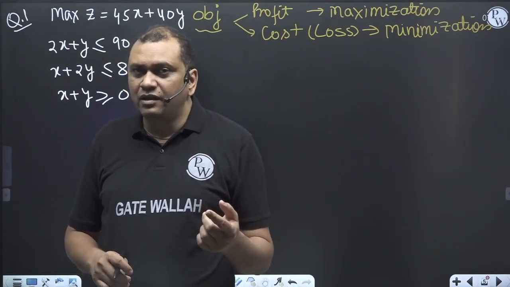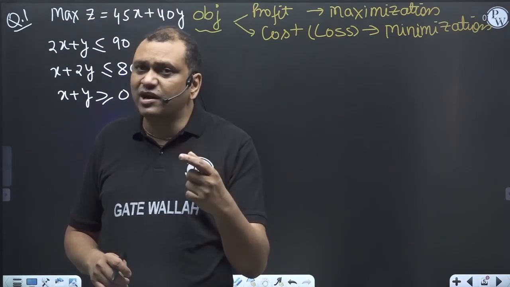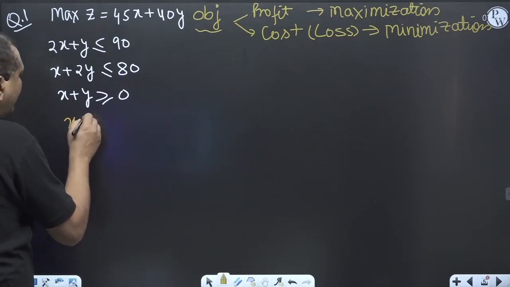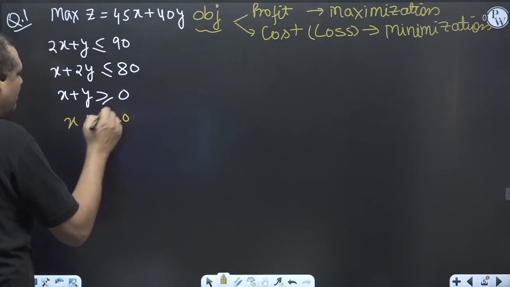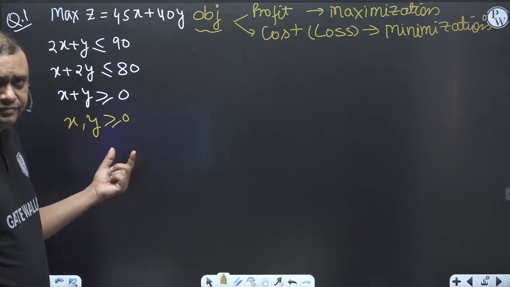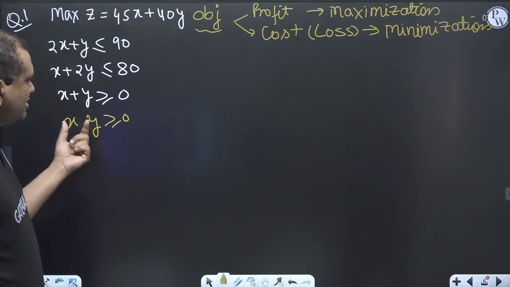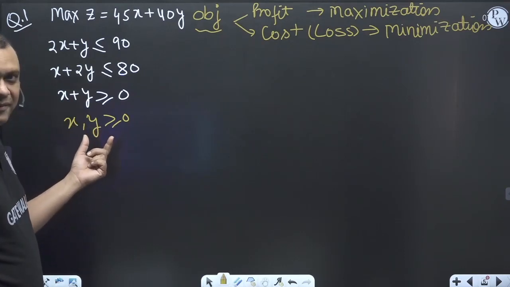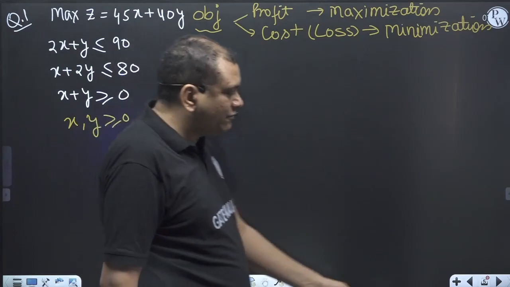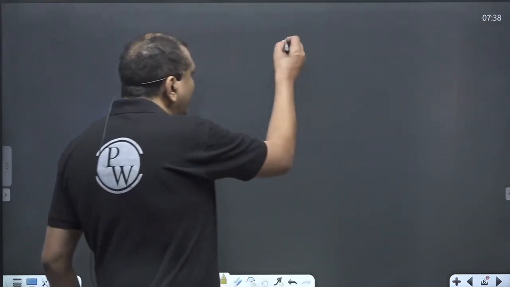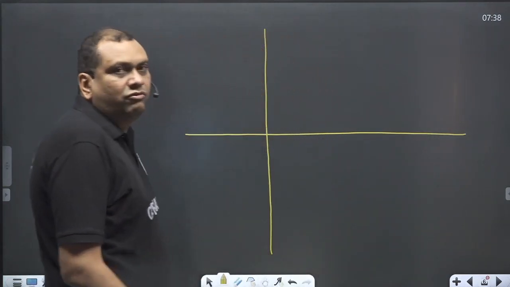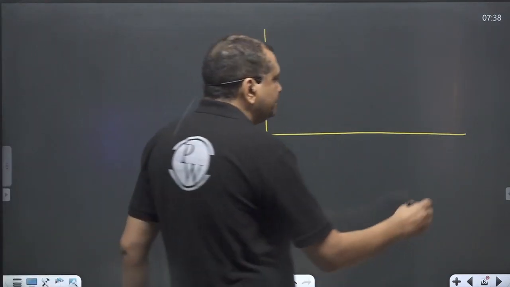Now, in all the linear programming problems, you must have seen that these things are also given: x and y greater than or equal to 0. Now, this is a very important constraint. You have to be very, very careful. Do you know what this indicates?